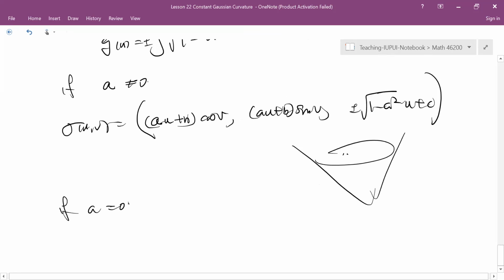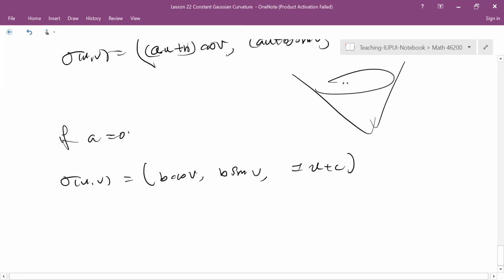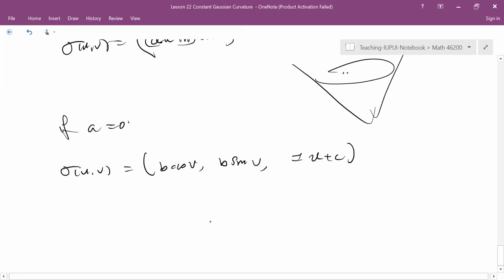When a is 0, sigma of u and v is going to be b cosine v, b sine v, plus or minus u plus c.